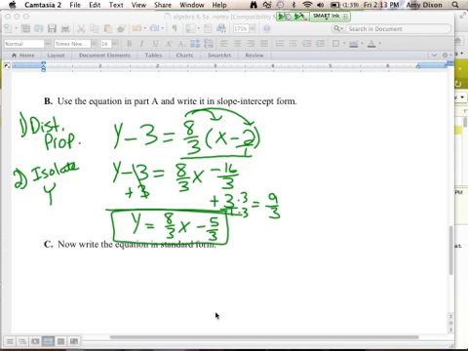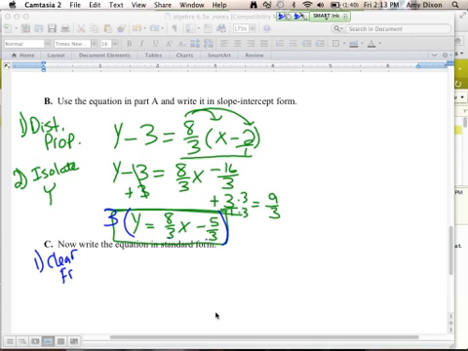Now we're being asked to write it in standard form. This is what we learned yesterday. So to get it in standard form, we have to clear the fractions first. To do that, we want to multiply this whole equation. Since both of these denominators are 3, if we multiply the whole equation by 3, that will get rid of our denominators of 3.